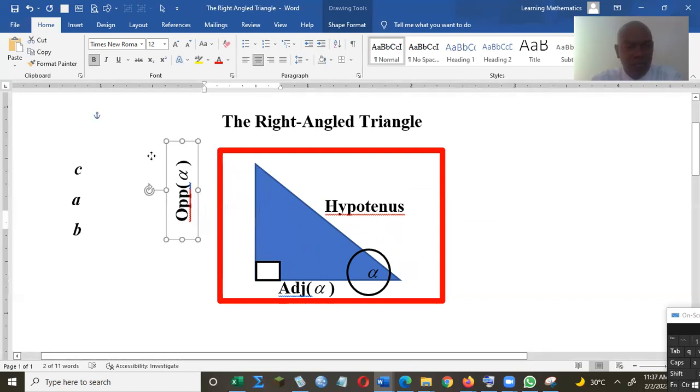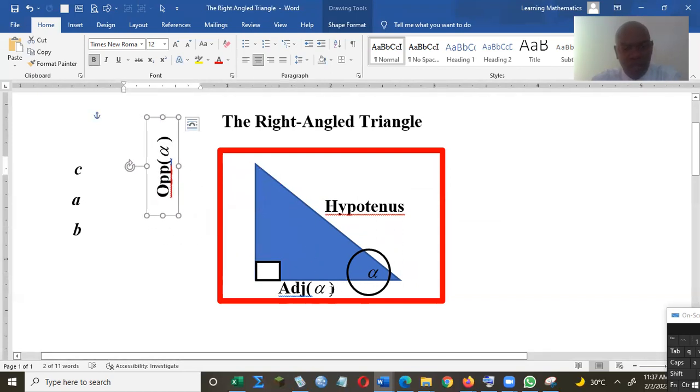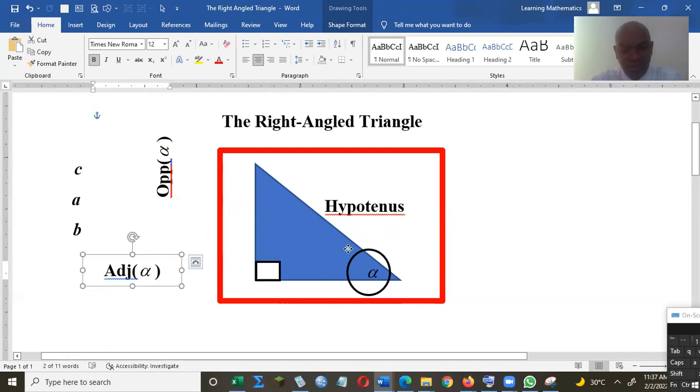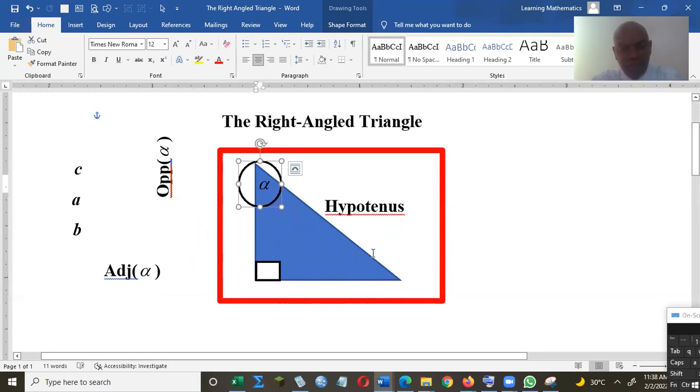Now, what if the angle was placed up there? This side will remain the hypotenuse. The 90 degrees is always pointing to the hypotenuse.